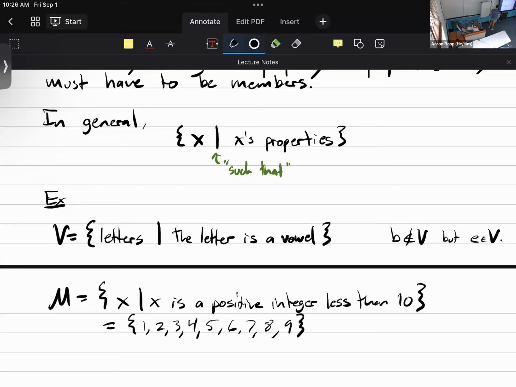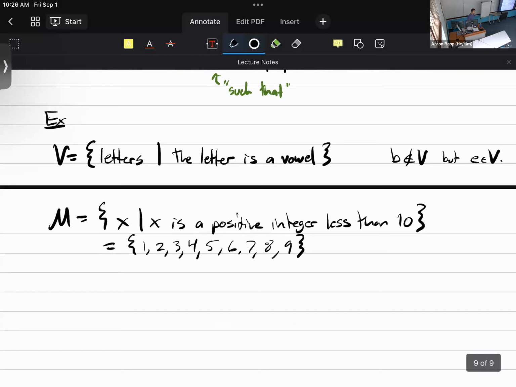Okay. When we're dealing with sets that have what we call finite elements, it kind of depends on the context and the situation, which one might be easier, roster method versus set builder notation. Right? But where set builder notation really comes into play and is most powerful is when we're dealing with very, very large sets.